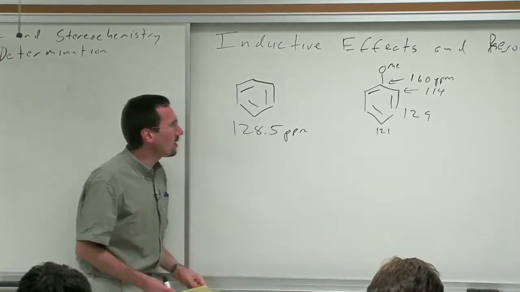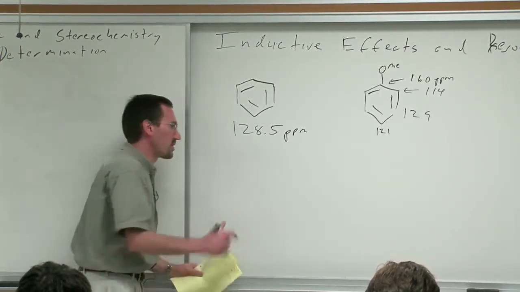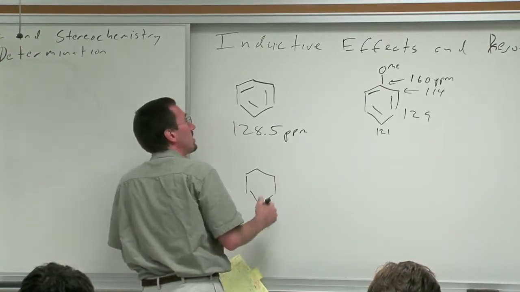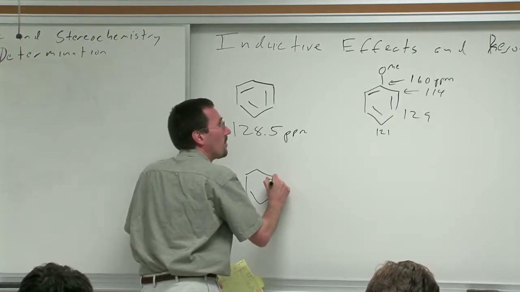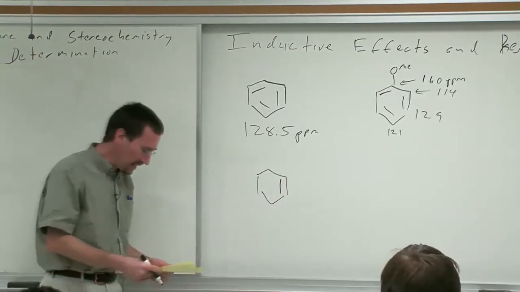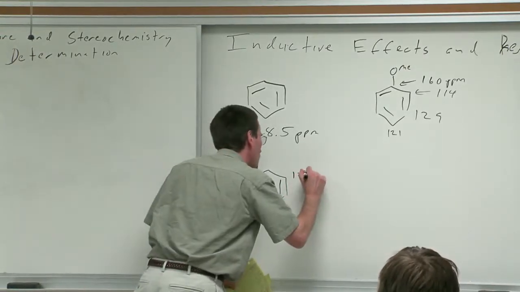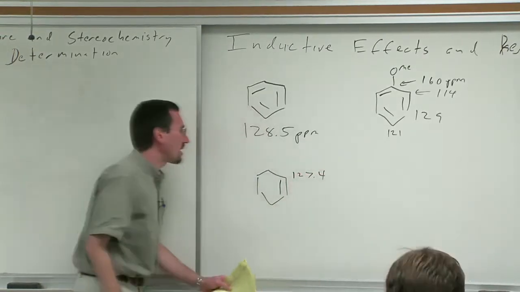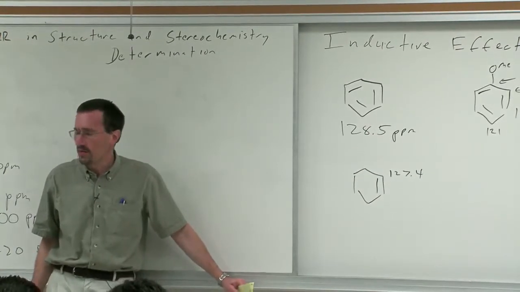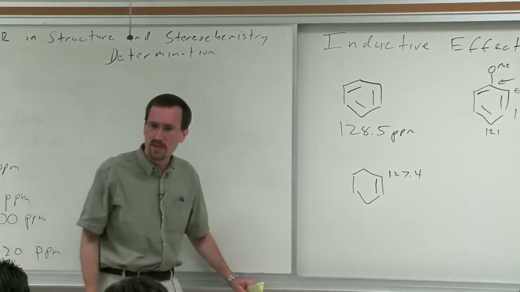All right, let's take a look at some other examples of inductive and resonance effects. So let's take an alkene, and I'll give you cyclohexene as a base value. In cyclohexene, your alkene is at 127.4 ppm.